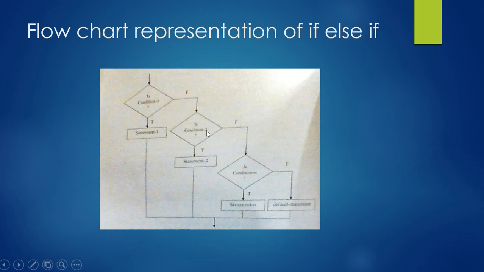Condition 2 true means statement 2 is executed. Condition 2 false, then it checks the next condition. If all these conditions are wrong, it executes the default statement. This is the flowchart representation of if else if statement.